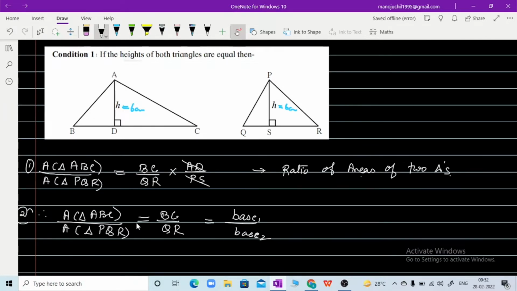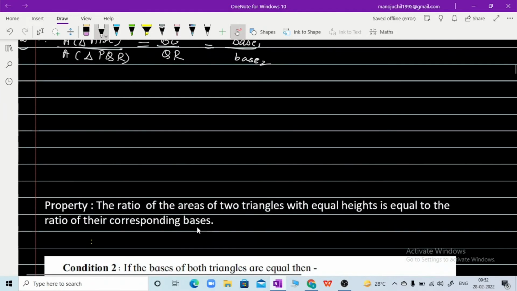So how do you read out this particular statement? It can be read as: the ratio of areas of two triangles with equal heights is equal to the ratio of their corresponding bases.